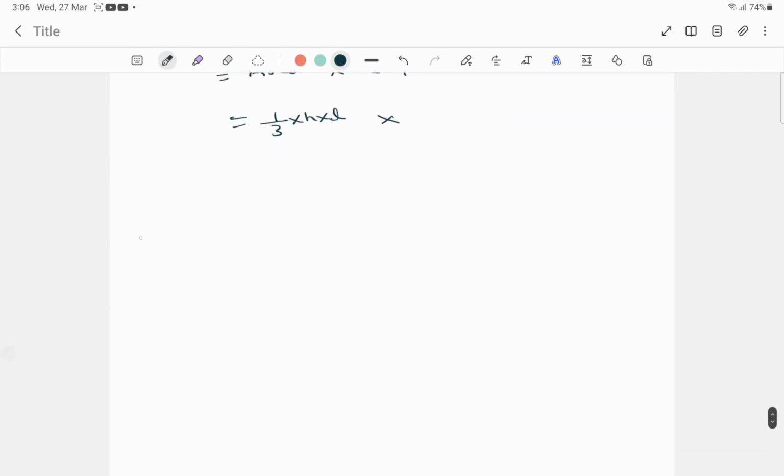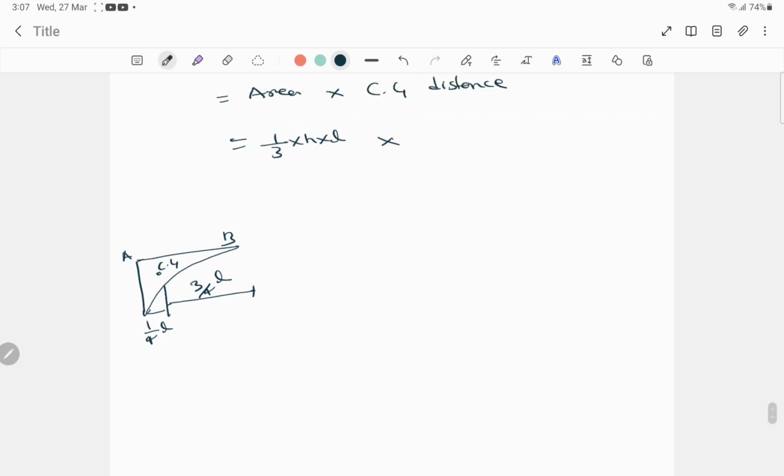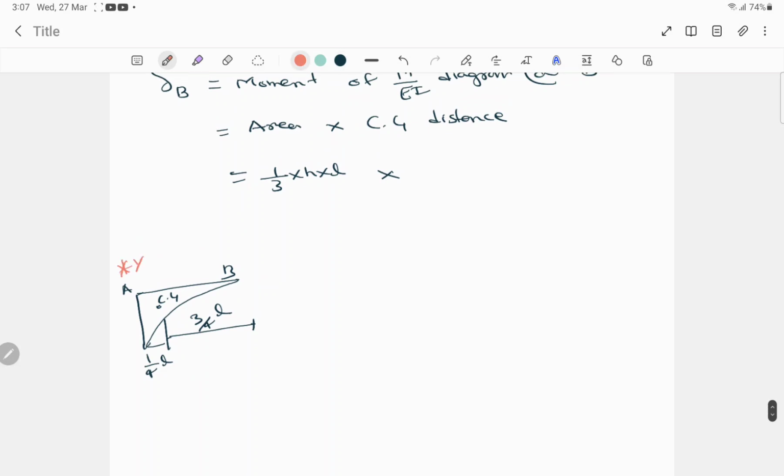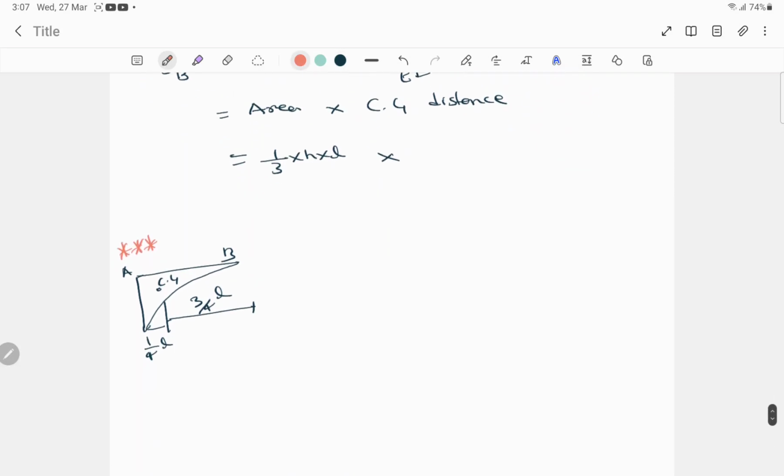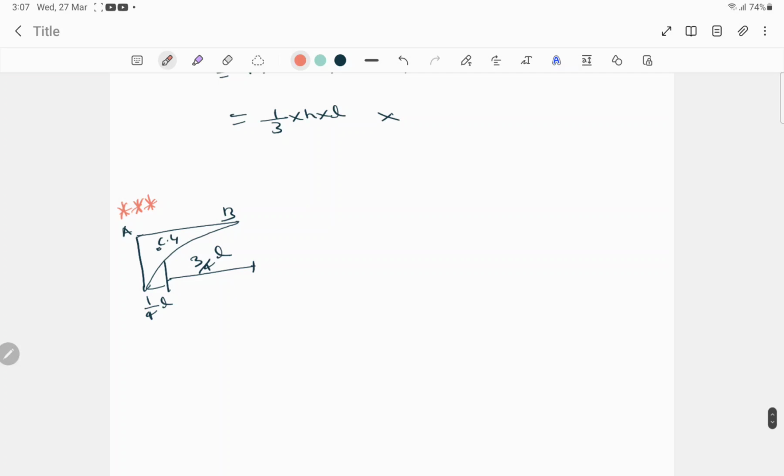For this type of shape, CG is acting at a distance of 3 by 4 of L from the B side, and from the CG to A it is 1 by 4 of L. It's very important to remember those. In my previous video I also uploaded those important formulas, so you can go and check them out.